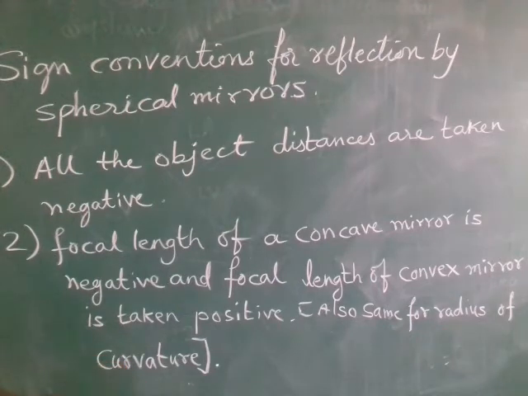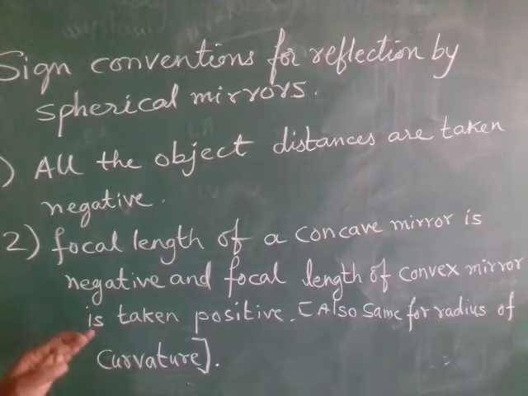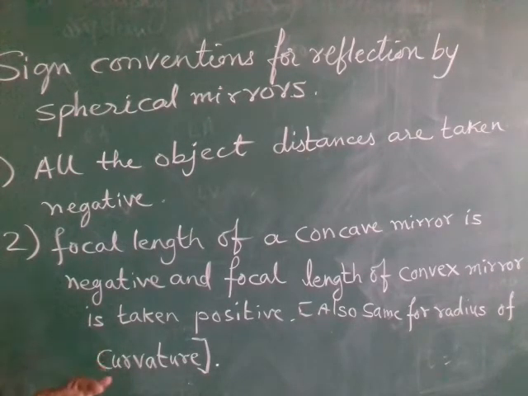I will repeat, the radius of curvature and focal length of a concave mirror are negative, and the radius of curvature and focal length of a convex mirror are positive. These are the two sign conventions.